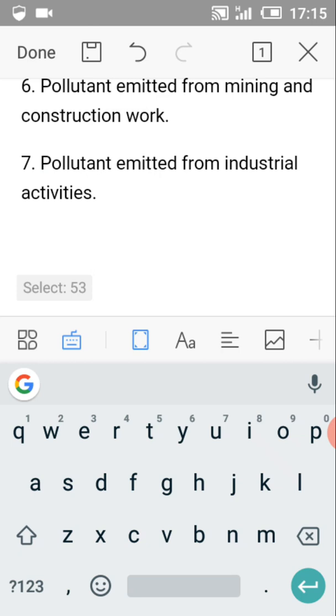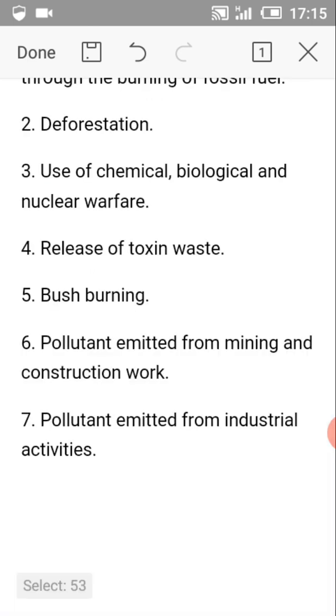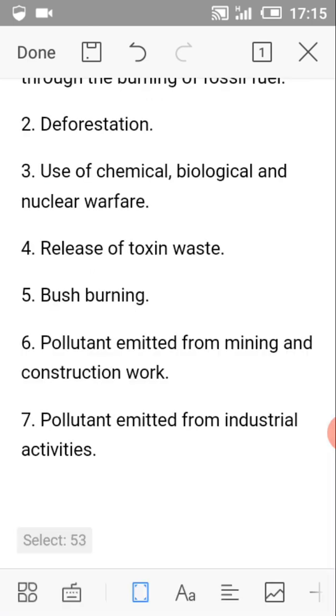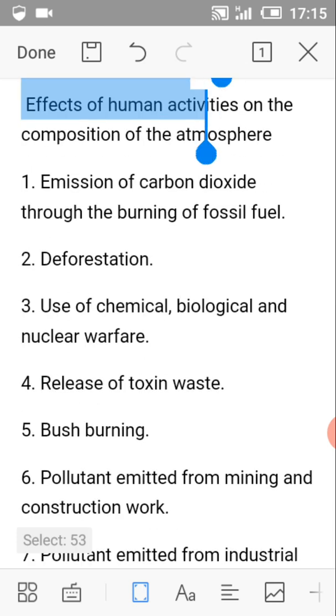All these have a negative effect on man, animals, and plants generally. In other words, these are the basic problems that are caused by the effect of man's activities on the nature of our atmosphere.